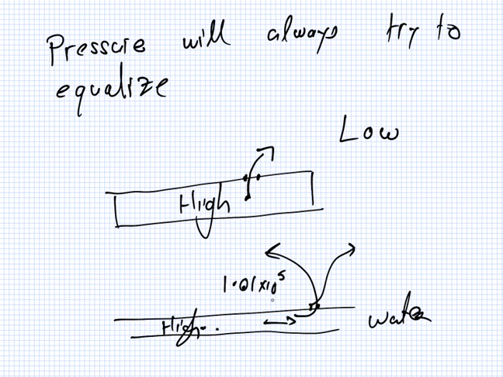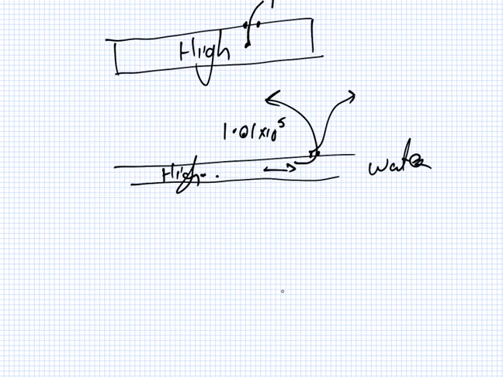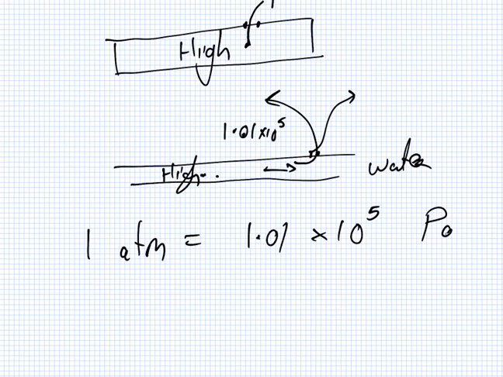So the pressure in the pipe must be more than this. In fact, I believe it's normally 3 times the pressure of the atmosphere. Which reminds me, I should say 1 atmosphere, we call that 1.01 times 10 to the 5 pascals. So this here is about 3 atmospheres of pressure.